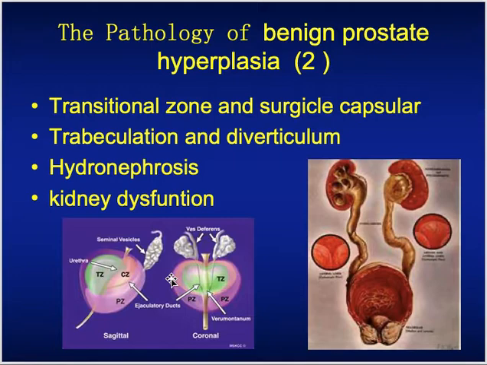Some people have symptoms, some people don't have symptoms, right? As we age, the testosterone level in the body decreases. When the male is young, he has more testosterone; when he becomes old, he has less testosterone.